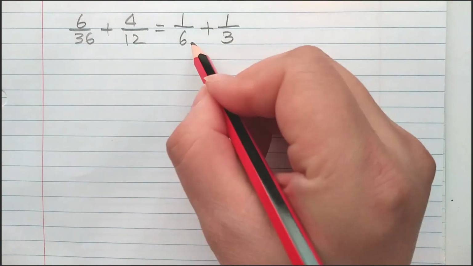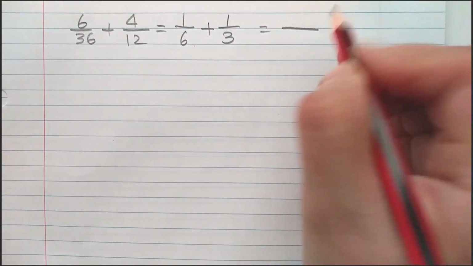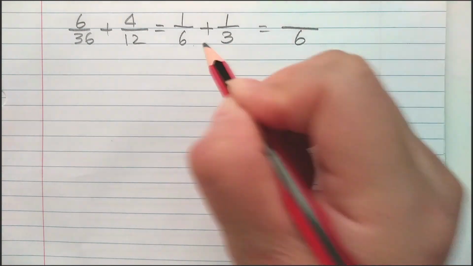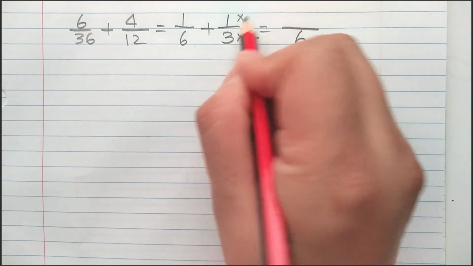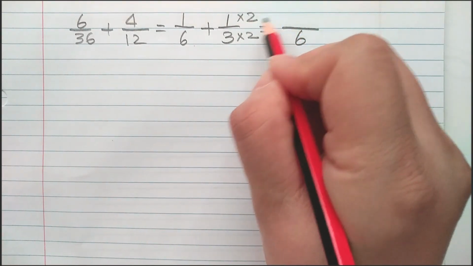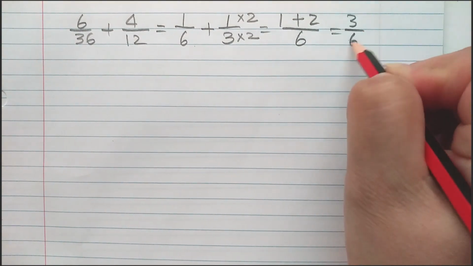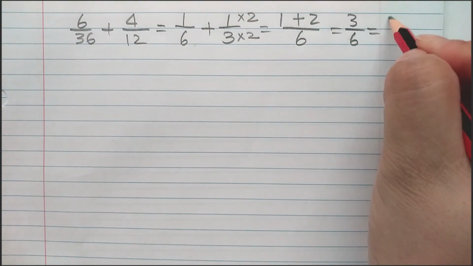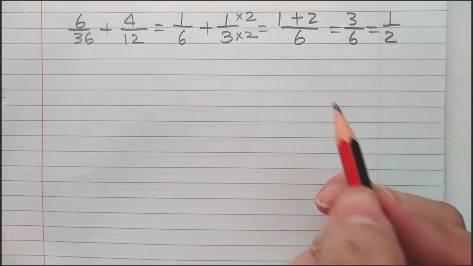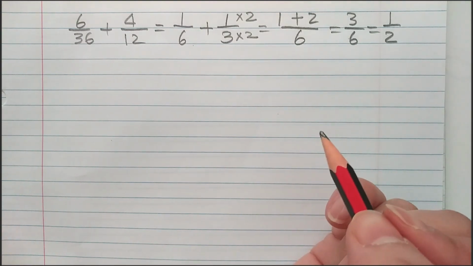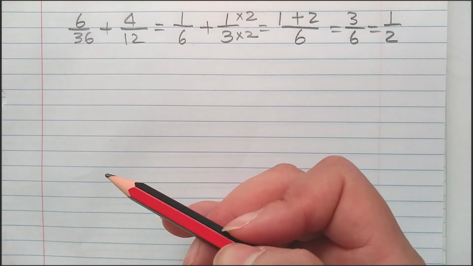And 6 is a multiple of 3, so we'll use 6 as the common denominator. And in order to get 6, you need to multiply 2 here and 2 also here. Now 1 plus 2 is 3 over 6, which is also equivalent to 1/2. So before you jump ahead and try to do the calculation, examine the numbers to see if you can find an easier way.